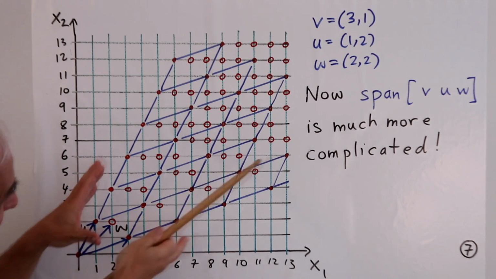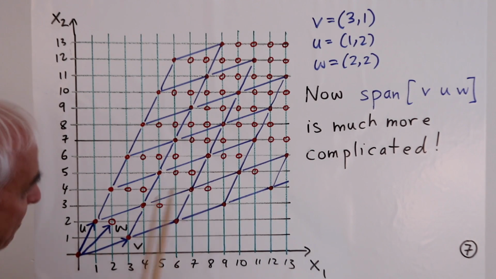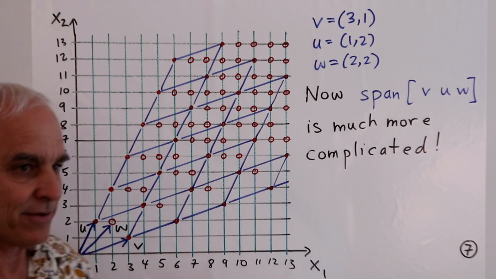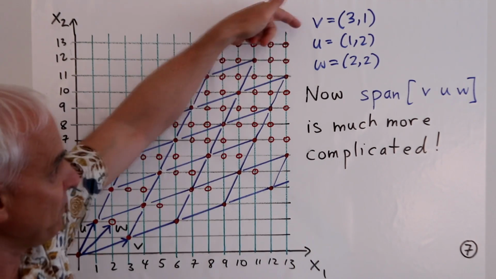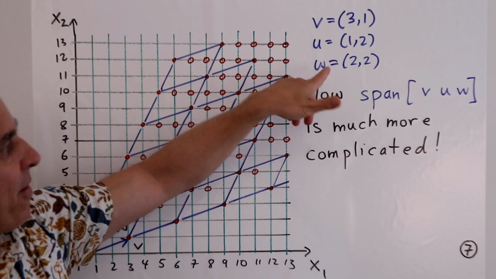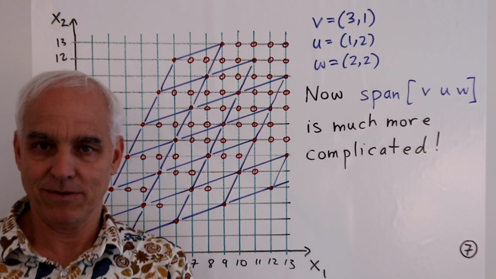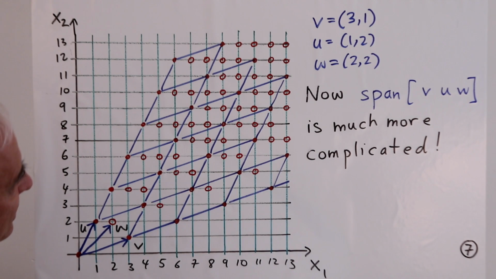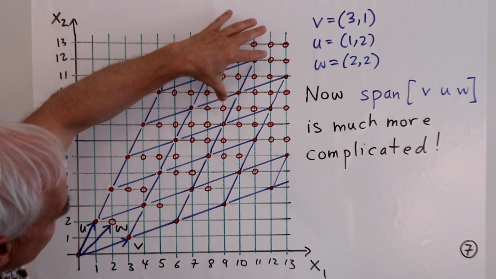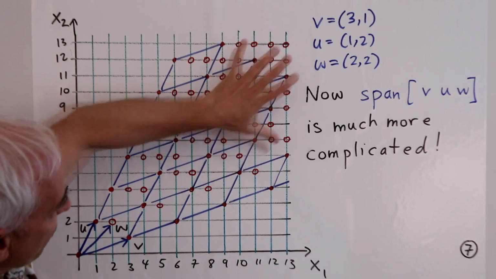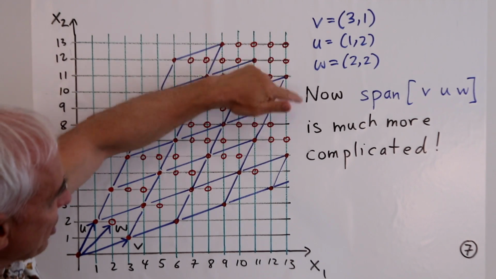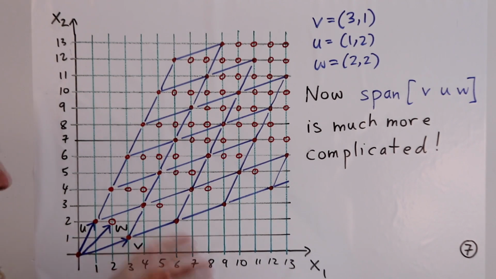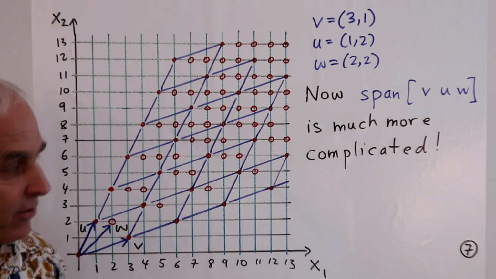So I've now added in these empty circles, these are now the additional vectors that are augmenting the VU span when we throw in the W as well. Now if we stare at this for a little while, you can see that seemingly as we go further up in this direction, we start getting pretty well most vectors there that are on our basic integral lattice.